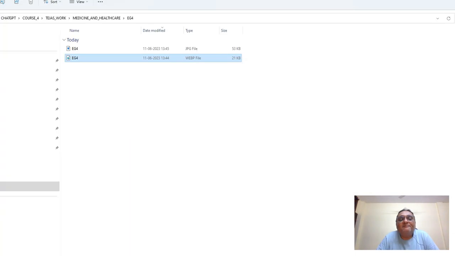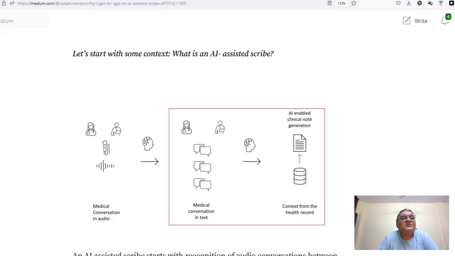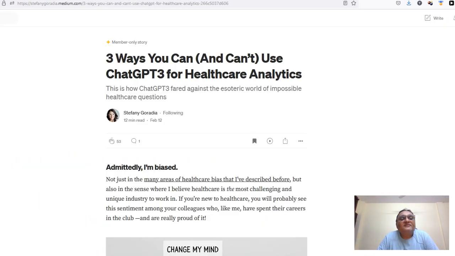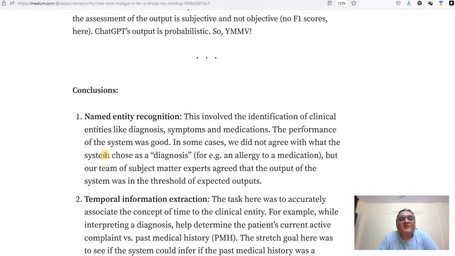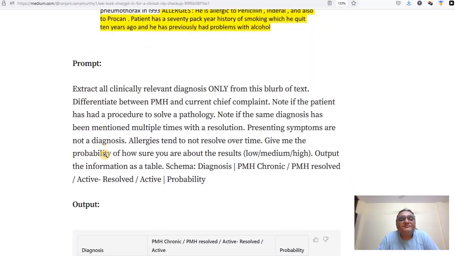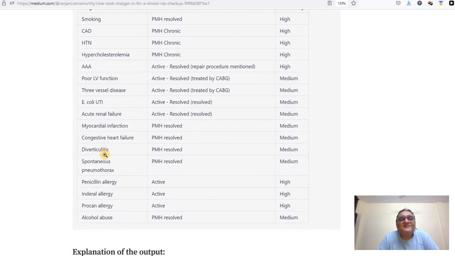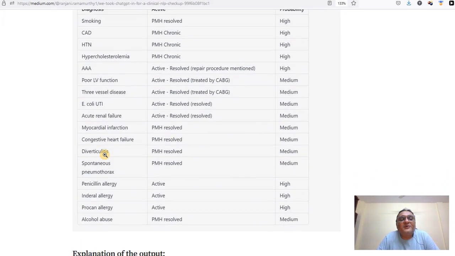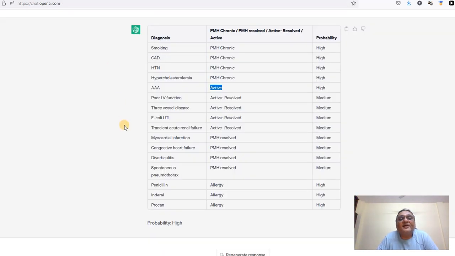Let me check in that block, because every time it gives a different output based on probability. So was acute renal failure given as an output or not? I think it was more or less this output only. No, it was not given. So yeah, here it is, acute renal failure. But in our case, acute renal failure is, I think, not there, perhaps. So it has already learned that.